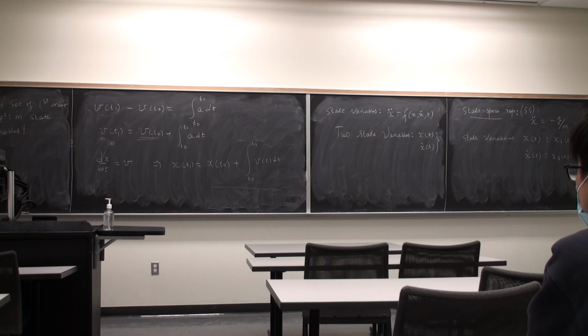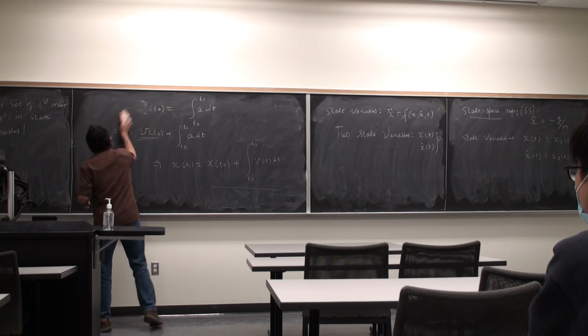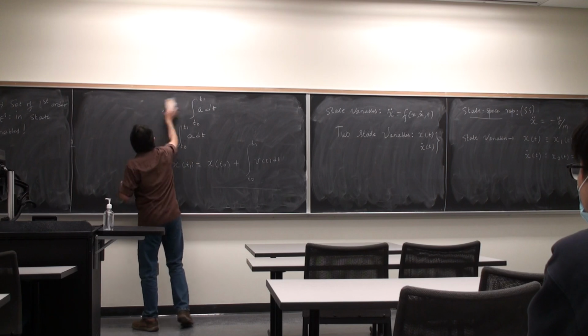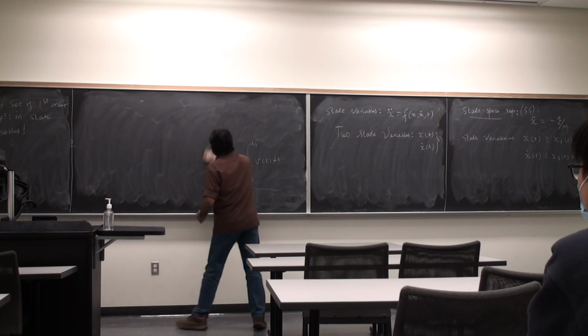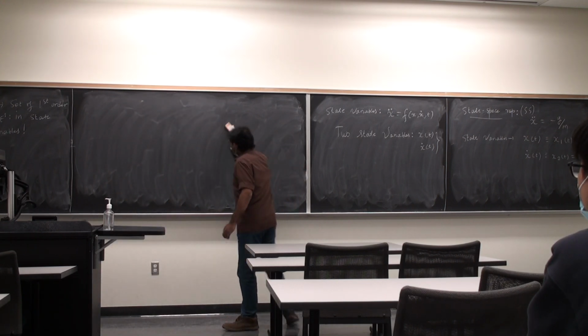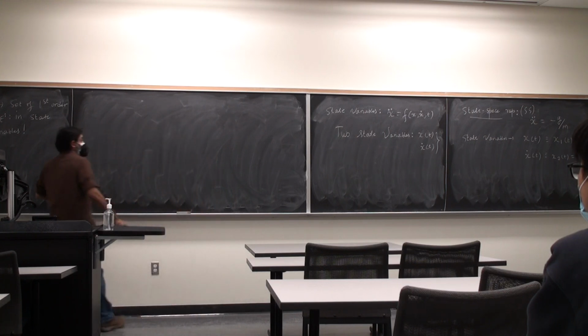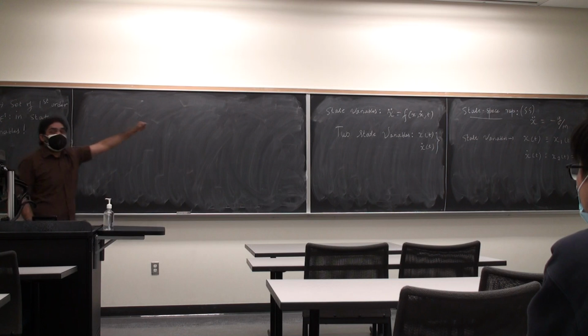They may be linear or non-linear, these ODEs. We don't really care about that. Non-linear, more fun. Alright, so then I have my first state ODE is already written there. X1 dot is equal to x2.